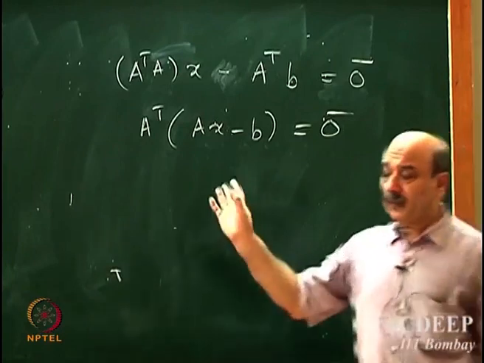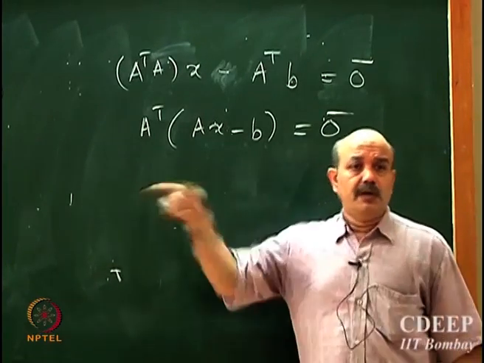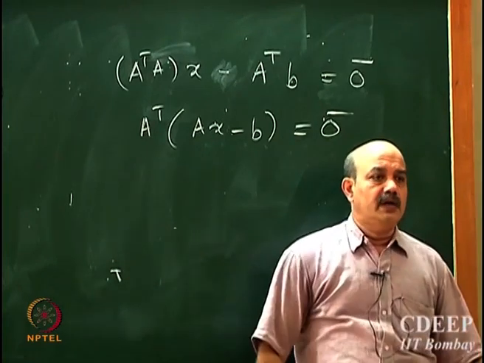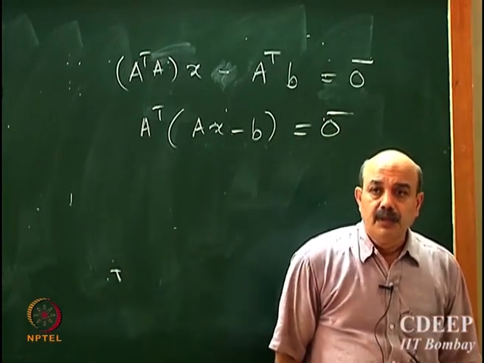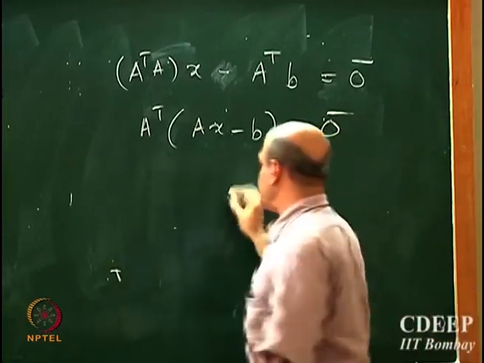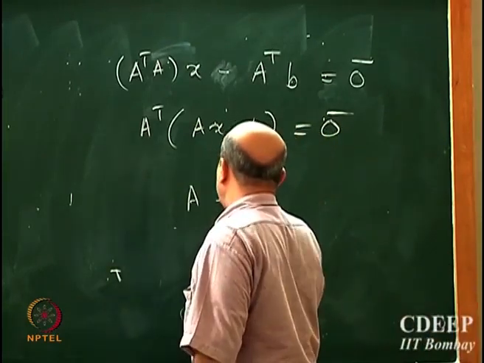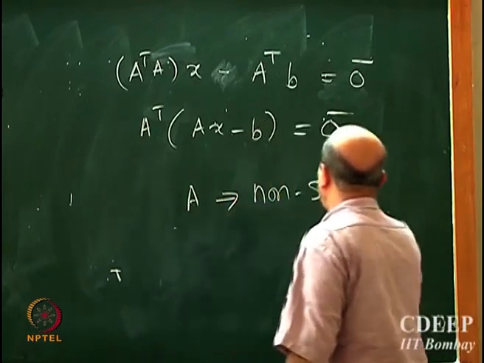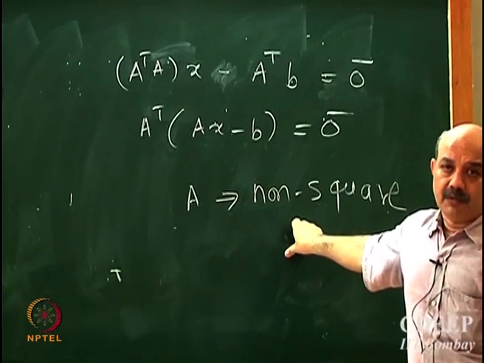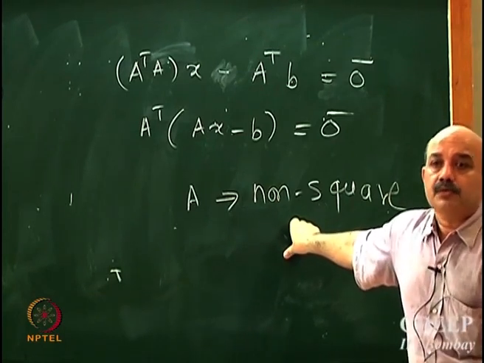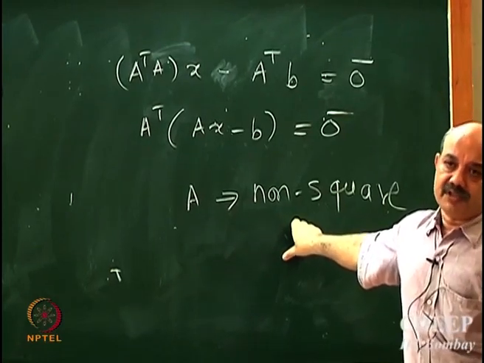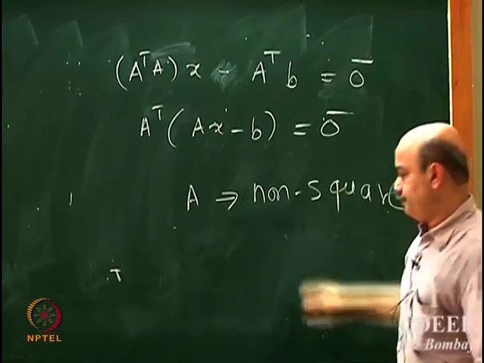What I'm going to do for the case of boundary value problem is qualitatively similar to A being non-square, that is, A has more rows than columns.